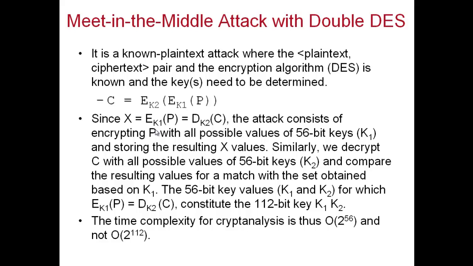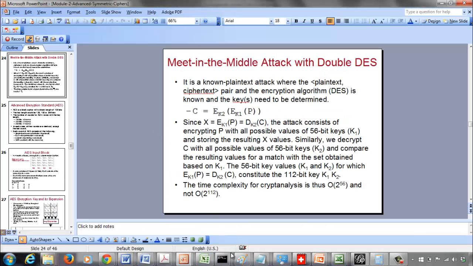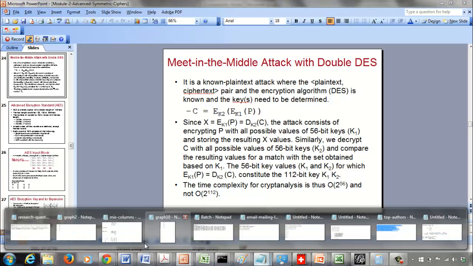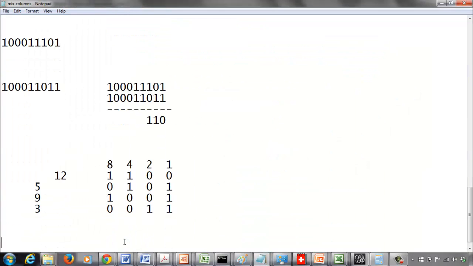Again, it will be sufficient to try half of them. So 2 to the 55 plus another 2 to the 55 for K1 and K2 together, which is 2 times 2 to the 55, so 2 to the 56.